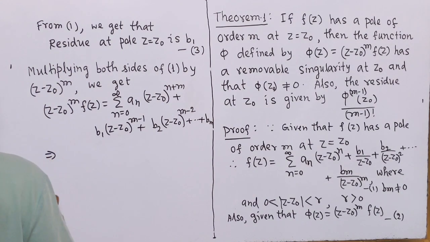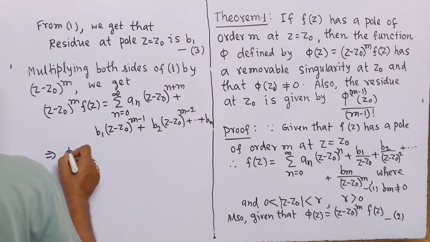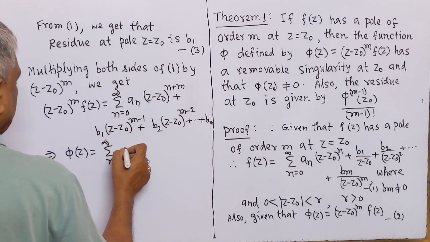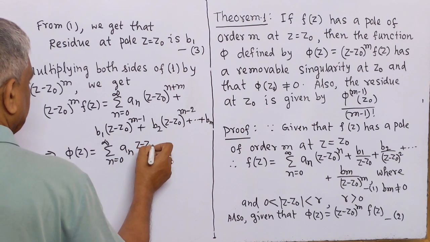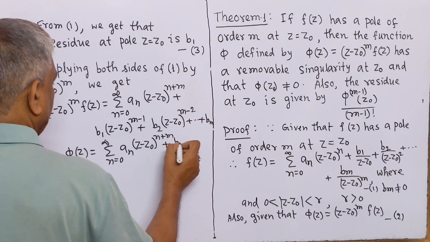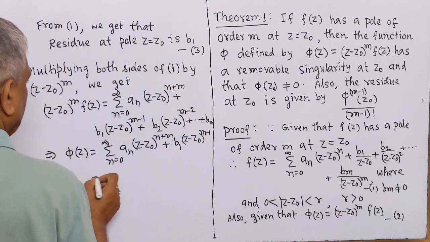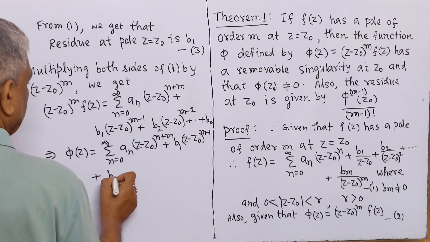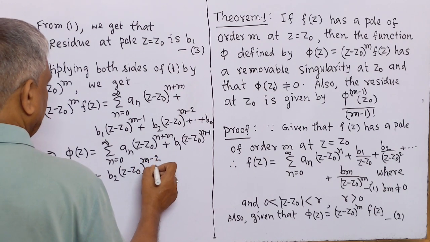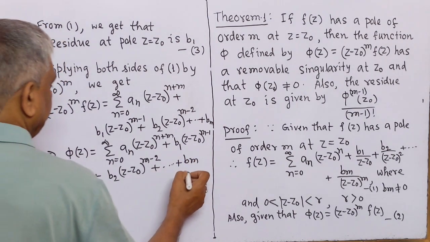This implies that phi(z) equal to sigma n equal to 0 to infinity a n (z minus z naught) to the power n plus m, plus b1 (z minus z naught) to the power m minus 1, plus b2 (z minus z naught) to the power m minus 2, plus dot dot dot, plus bm. Let this be number 4.